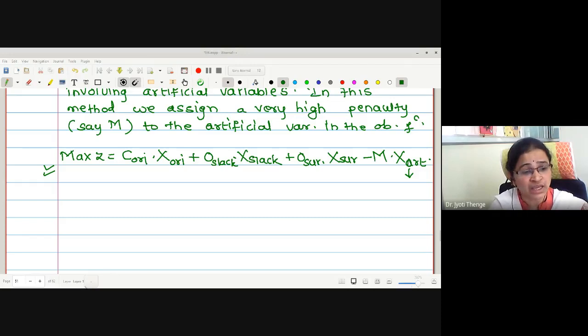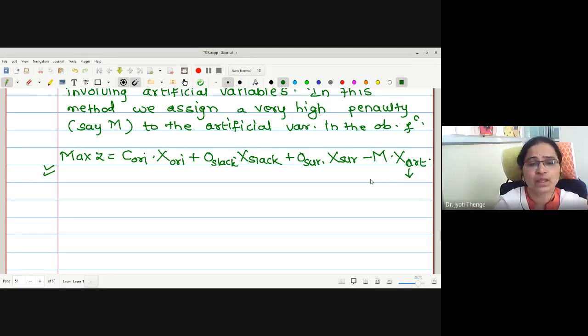But if it takes some non-zero value, then this variable is going to play a role in the optimum value of the objective function. Therefore, what is the aim? Finally, the aim is to check the value of the artificial variable. If it takes 0 value, the problem will possess a solution. If it is not going to take the 0 value, the problem does not have any solution.